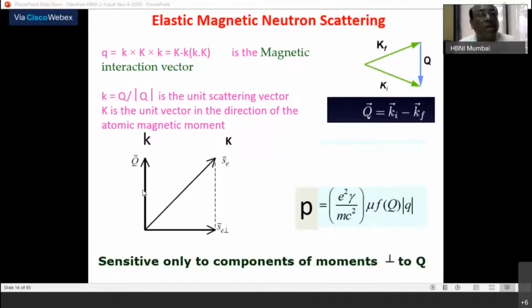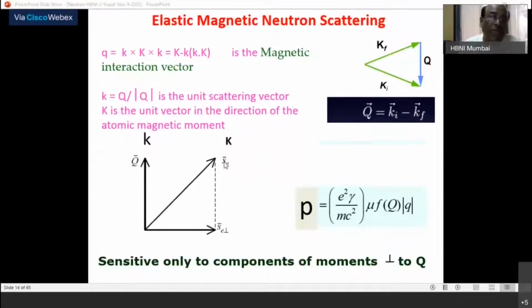So coming back to this, for the atomic or ionic magnetic moment, the component of the moment which is perpendicular to Q, the neutron's magnetic moment will see only that component and interact. But since we know from the theory that it sees only the perpendicular component, obviously I can calculate back what is the full moment.